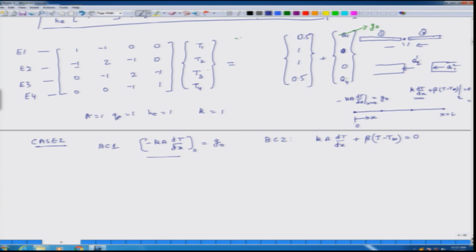Now, what I do is this equals Q2, right. So, I express it as Q2.